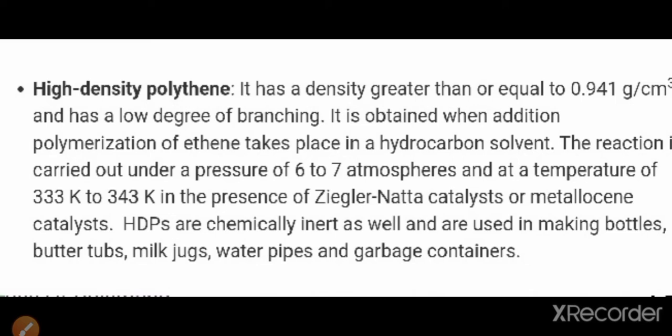These high density polyethylene polymers are chemically inert and mostly used in making bottles, tubs, jugs, water pipes and garbage containers.